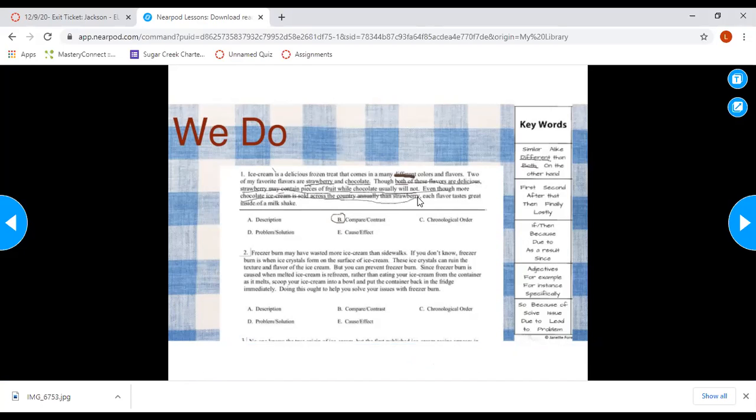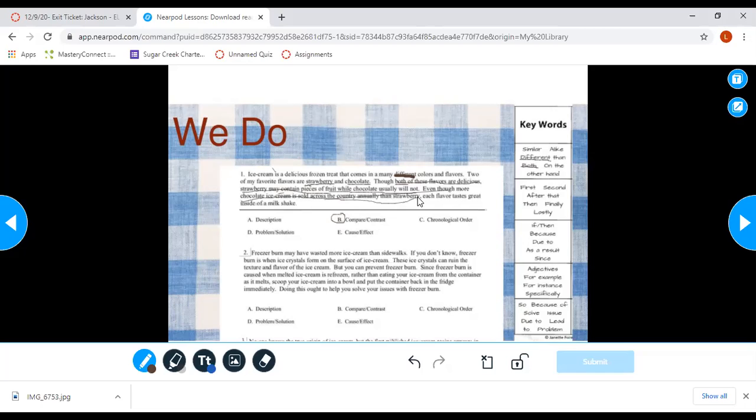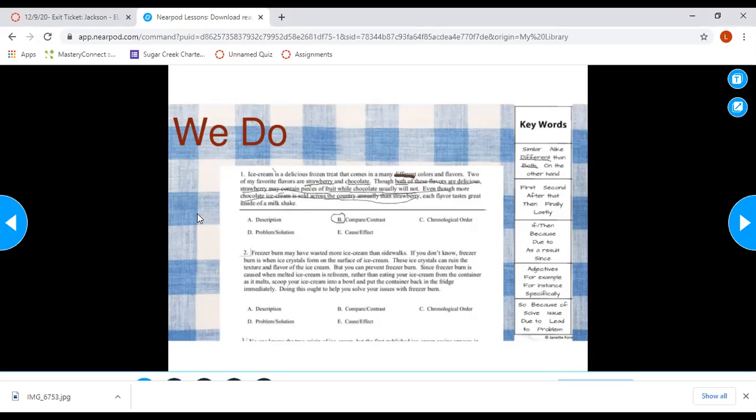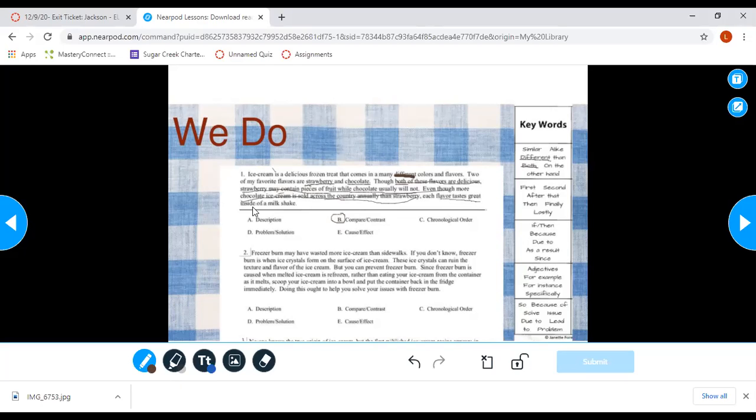That's another difference. Another similarity is that each flavor tastes great inside of a milkshake. So there you have it, both the similarities and the differences, how they're the same and how they're different. Compare and contrast. And I loved how I saw some of you guys underlining the differences and the similarities. I went in and saw it.